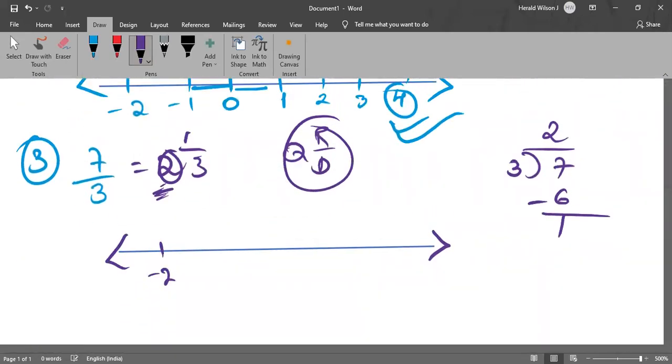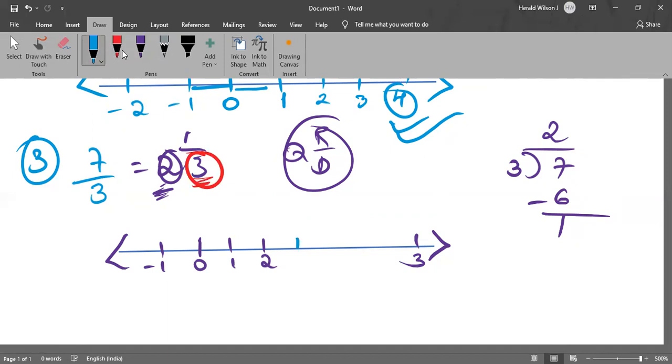So now minus 2, let's not do minus 2 this time. I am going to just write minus 1, that's enough. Minus 1, 0, 1, 2, and then 3. Now as usual, look at this denominator, look at this number 3, and then we will put 3 divisions.